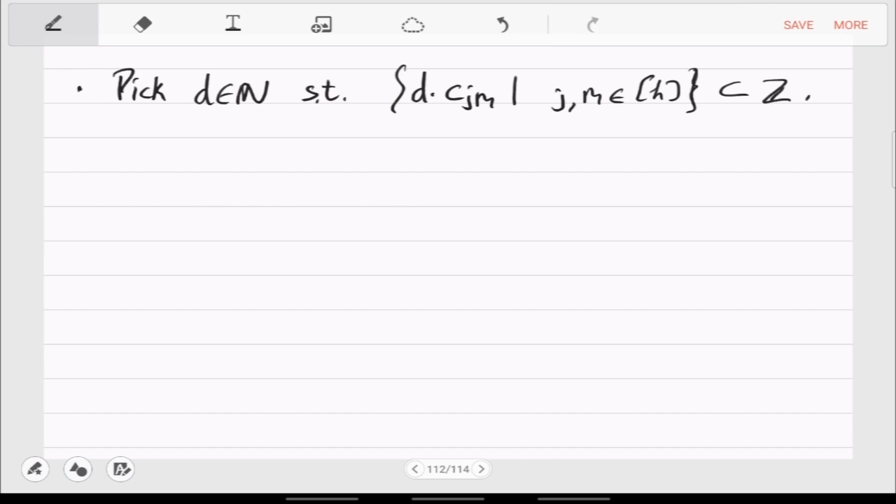Basically look at the denominator that you get in the solution matrix and multiply by the LCM. d is the LCM. So the matrix C will become an integral matrix now.